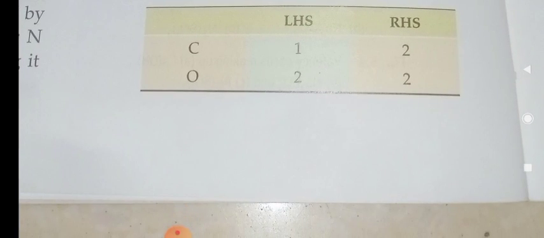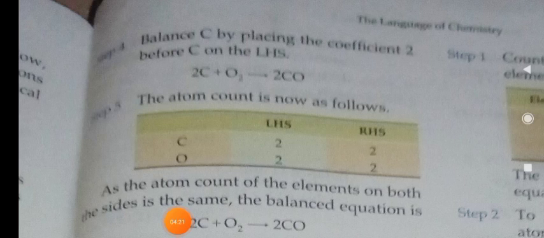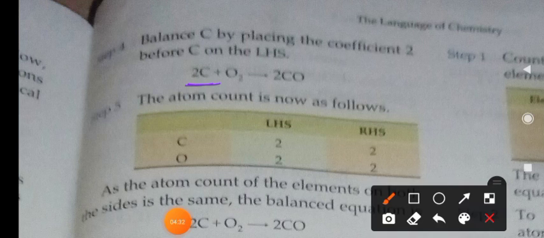How to balance the carbon? You can balance the carbon by placing the coefficient 2 before carbon on the left side. Now count the atoms. There will be 2 carbon on the left side, also on the right side. And 2 oxygen on the left side and also 2 oxygen on the right side.